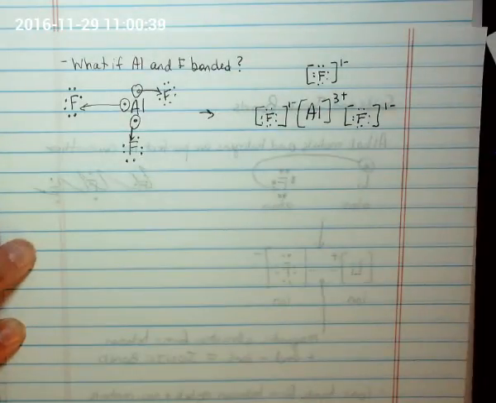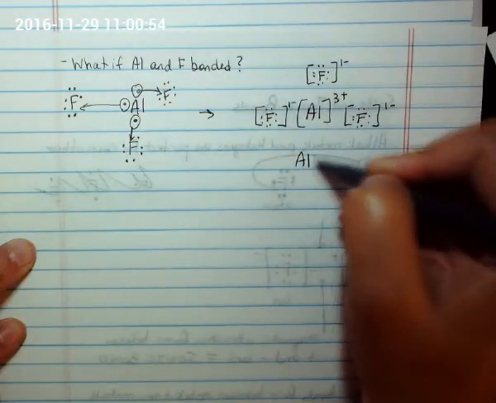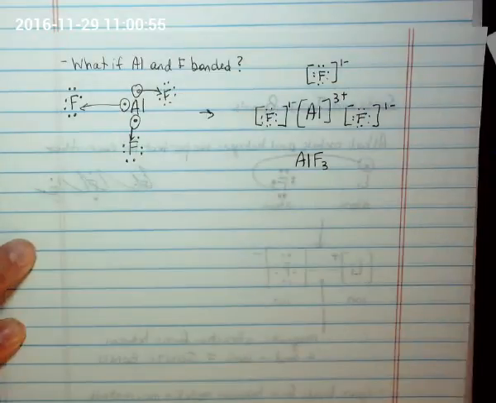All right? So, give me a second, Jennifer. What's the formula for the compound that's made between aluminum and fluorine, what we call aluminum fluoride? What's the formula for this compound? AlF3.